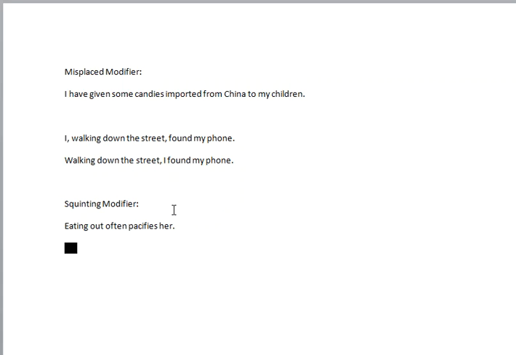So we can actually incorporate this phrase two to three days a week in order to fix this sentence. Eating out three days a week pacifies her, or often pacifies her. There you go.